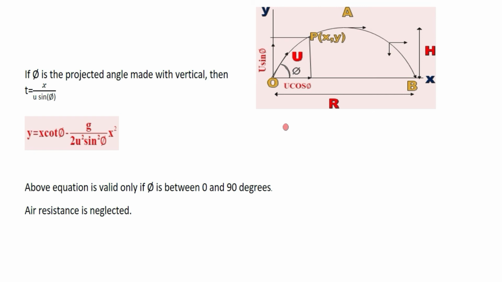But if we take it into consideration, the horizontal component of velocity will not be constant, and then we can't use x is equal to u cos phi into t. Similarly, in the vertical direction, we took acceleration a is equal to minus g, assuming there is no air resistance. But if you take air resistance into consideration, then the acceleration will be g minus some factor. That factor is because of air resistance.